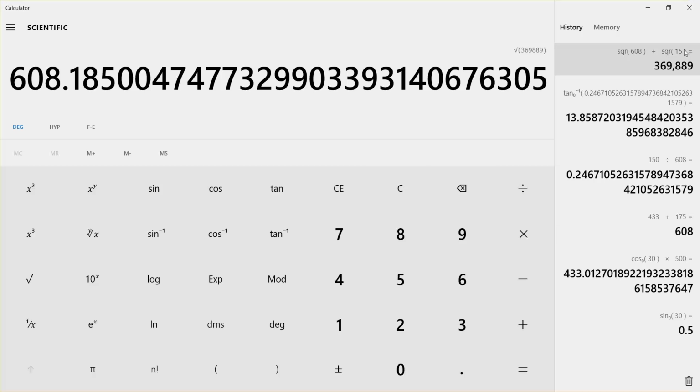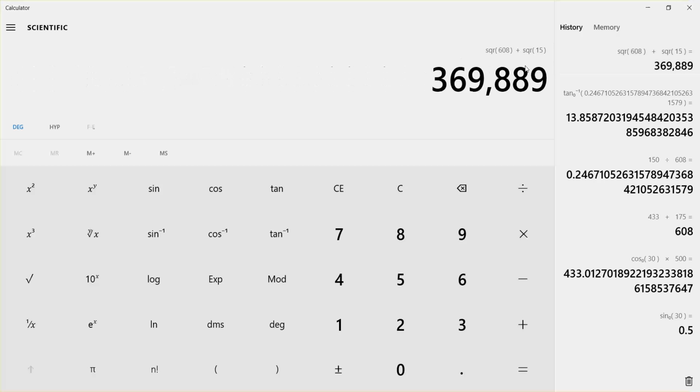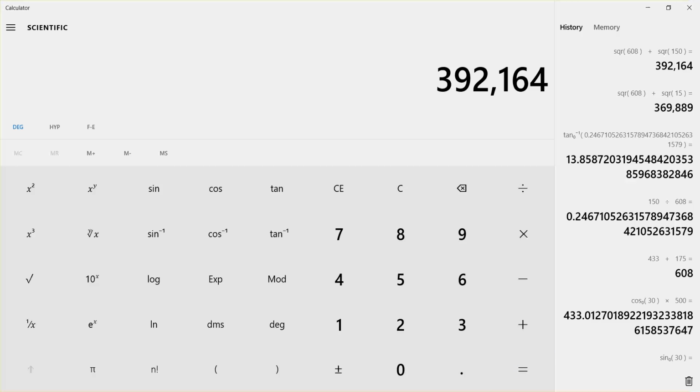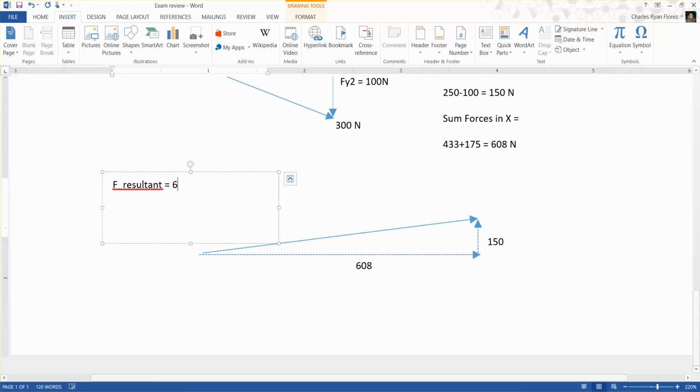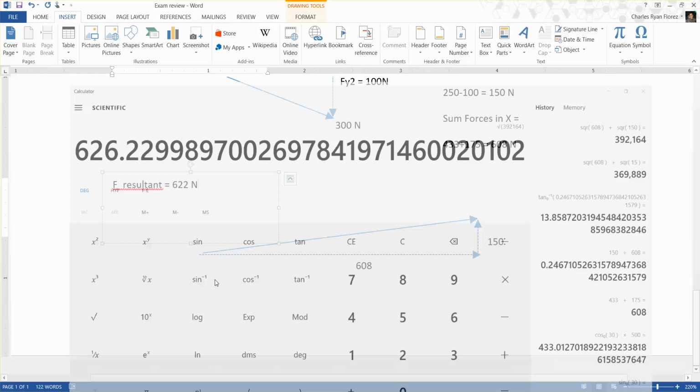Oh yeah, I typed in 15. Can I edit this? No, I don't think I can. So 608 squared plus 150 squared. Okay, that makes more sense. Square root, so 626.22 newtons. 626, sorry.